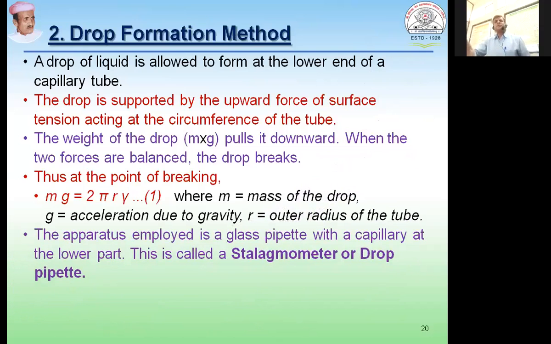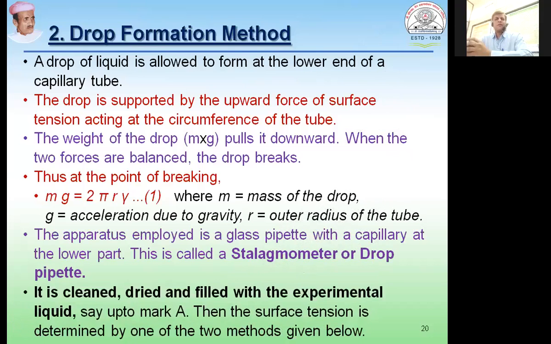The apparatus which is employed for determination of surface and interfacial tension using the drop formation method is a glass pipette with a capillary at the lower part. This glass apparatus is called a stalagmometer or simply a drop pipette.